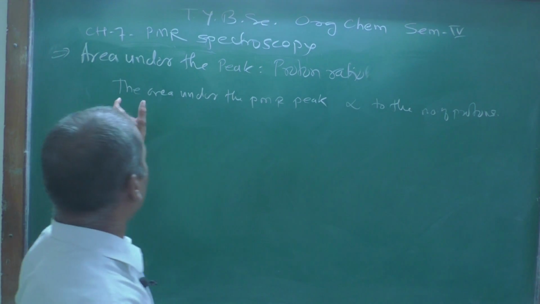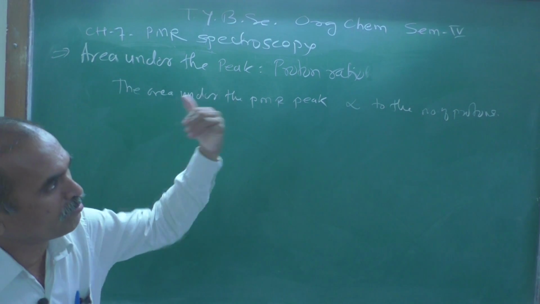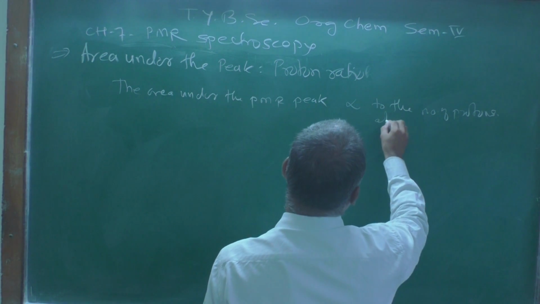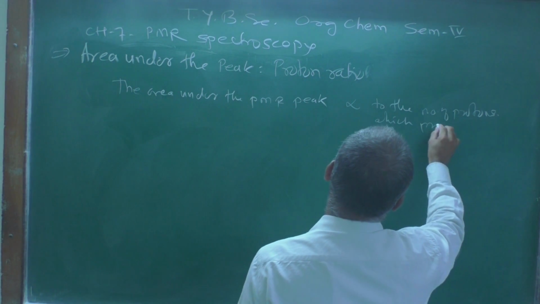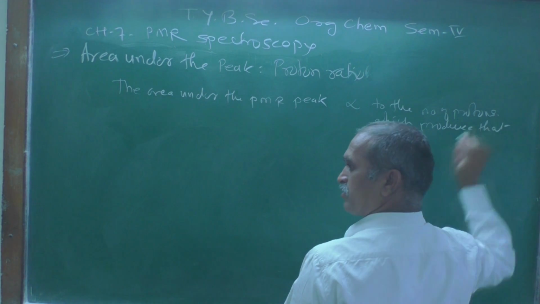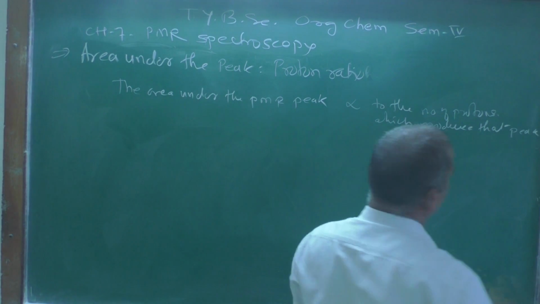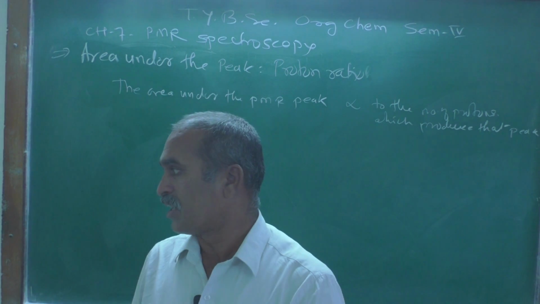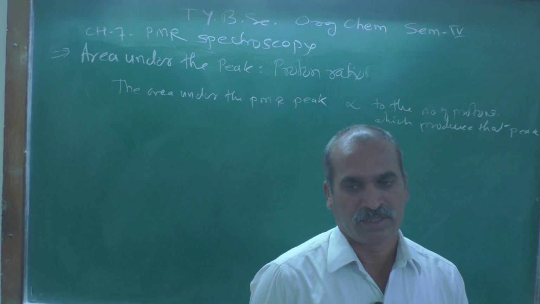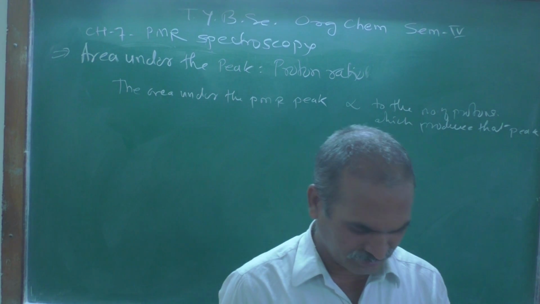Look here, the area under the PMR peak is directly proportional to the number of protons which produce that peak. This is a sentence which is very useful as far as PMR spectroscopy is concerned.